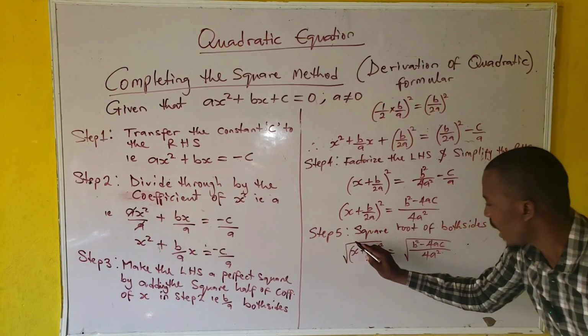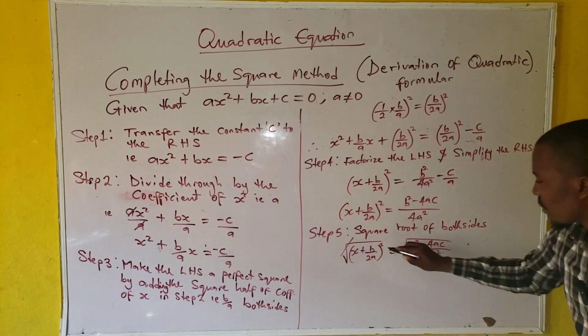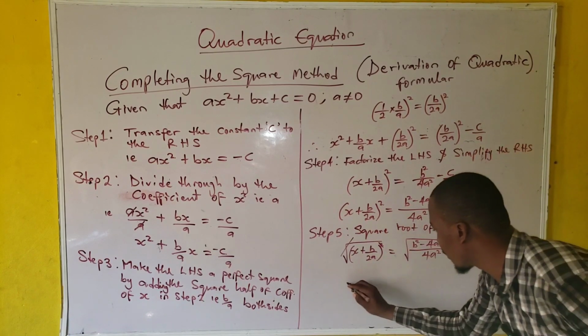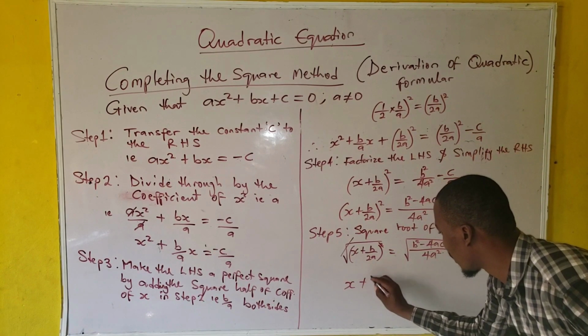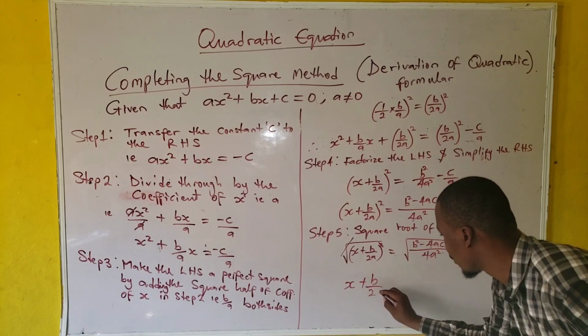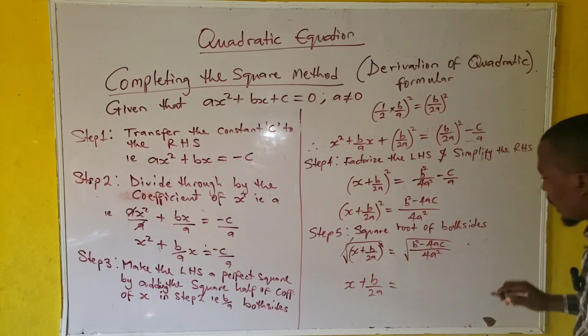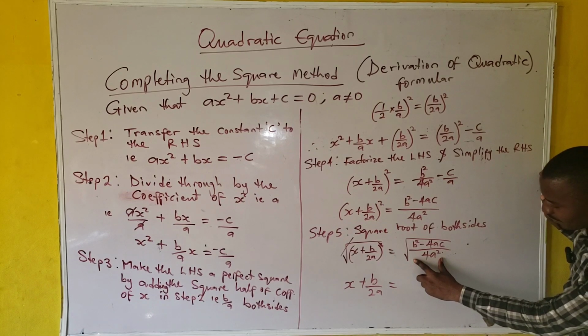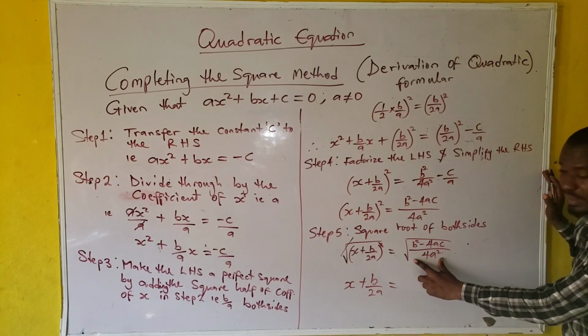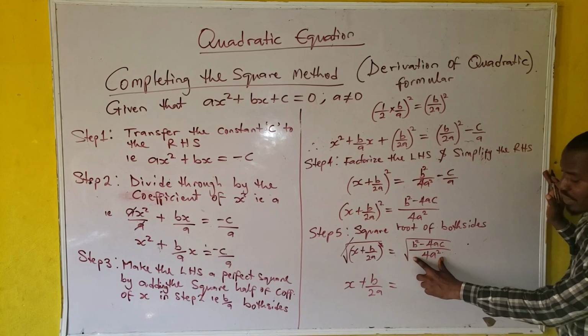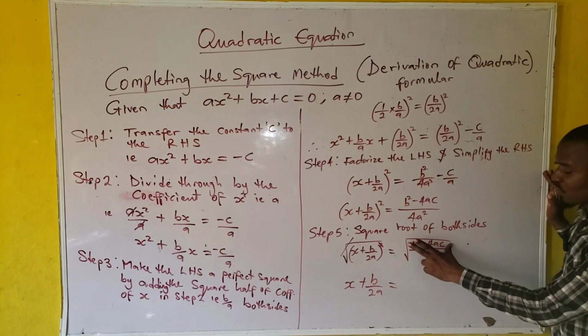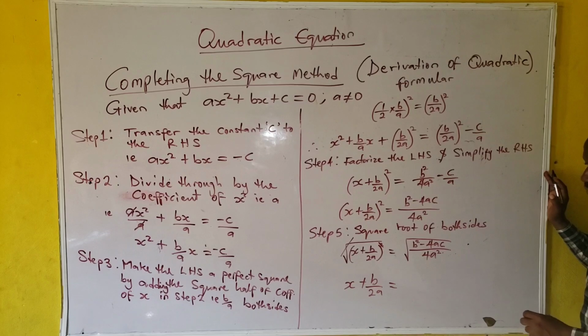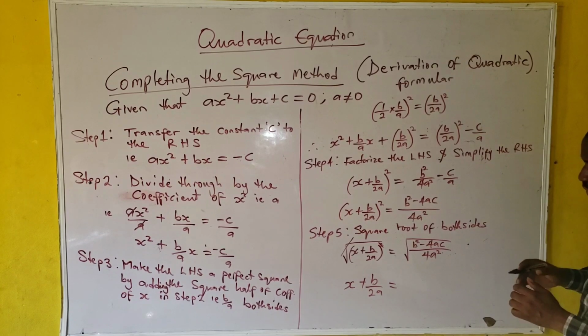Now when you cancel out this square root and this square, you are going to have x plus b over 2a equals, look at this, the denominator is a perfect square, so you can actually take the square root of the denominator, but the numerator is not a perfect square, so you cannot take the square root.